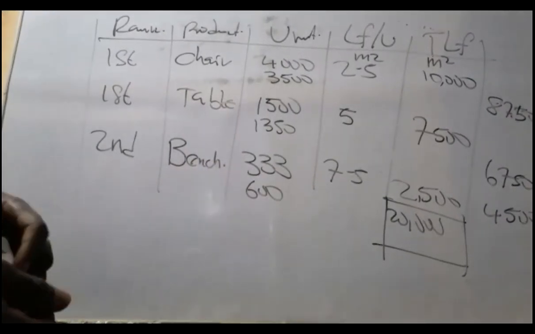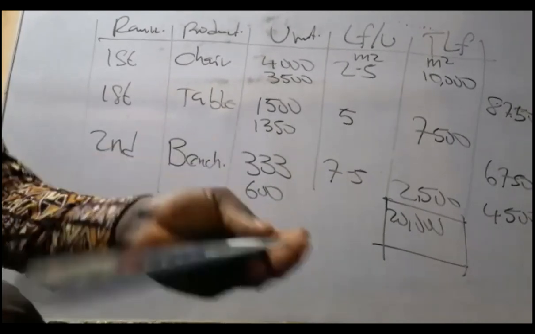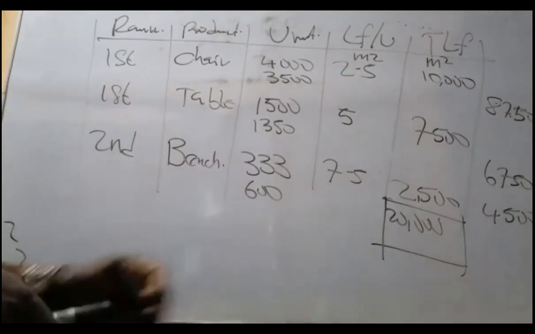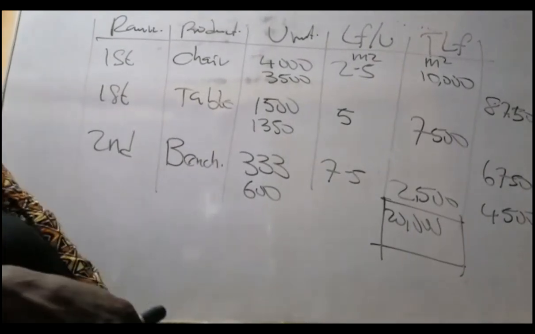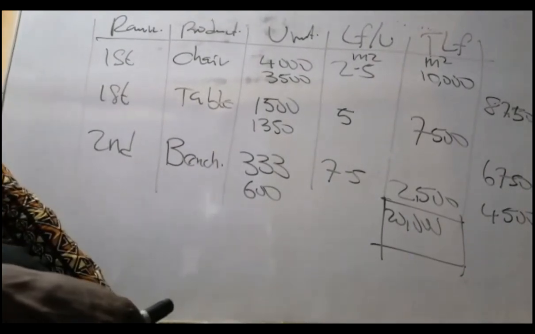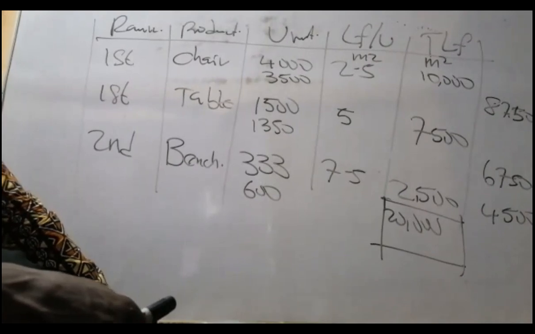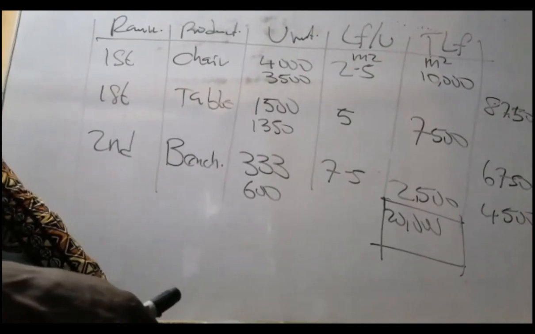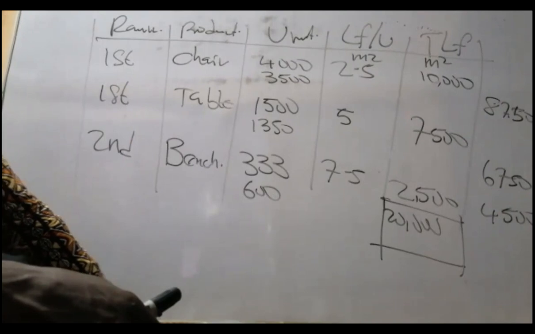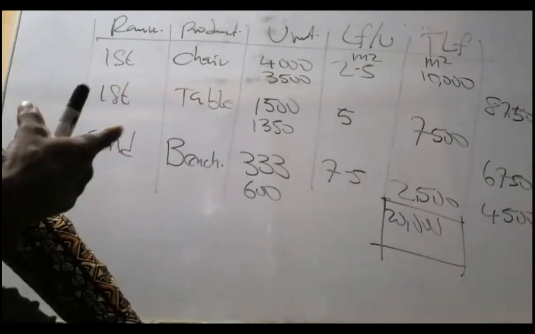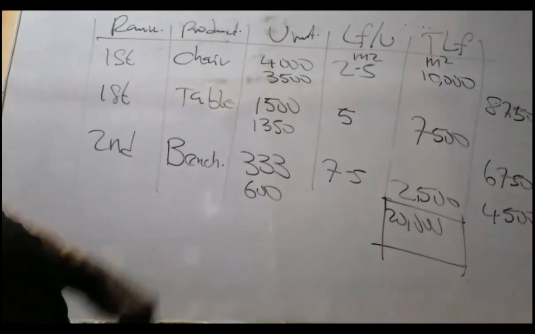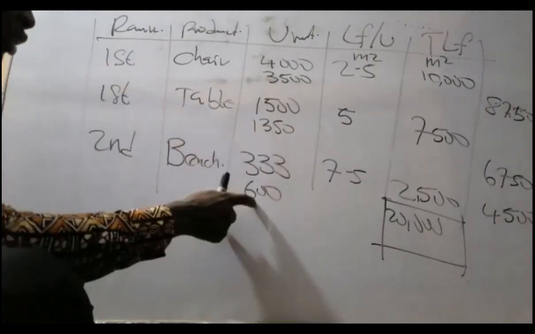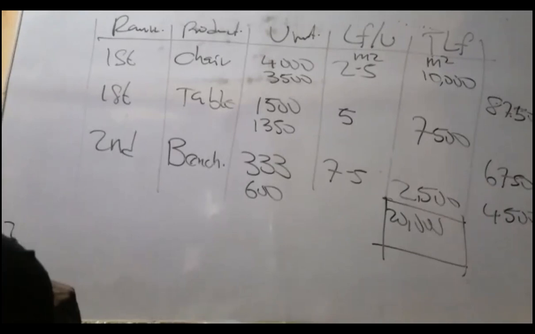So that is it. So these are the two options available. So if they are excluding the order from the maximum demand, then we will get 3,500, 1,350, and it will increase this one to 600 units.